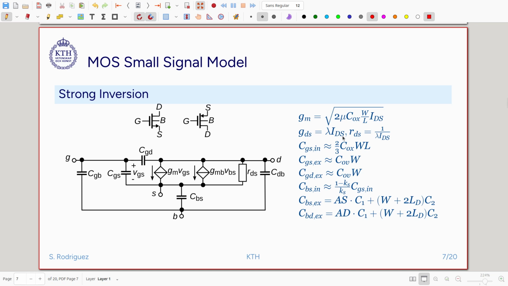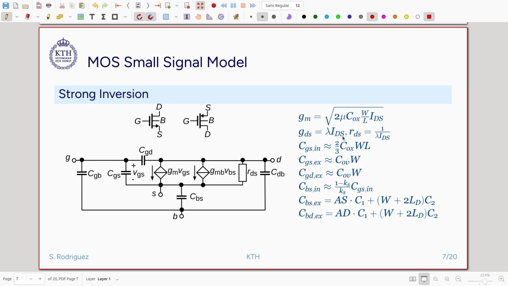Okay, so we go forward. We know that the transistor works as a controlled current source, and we can use it to amplify signals.